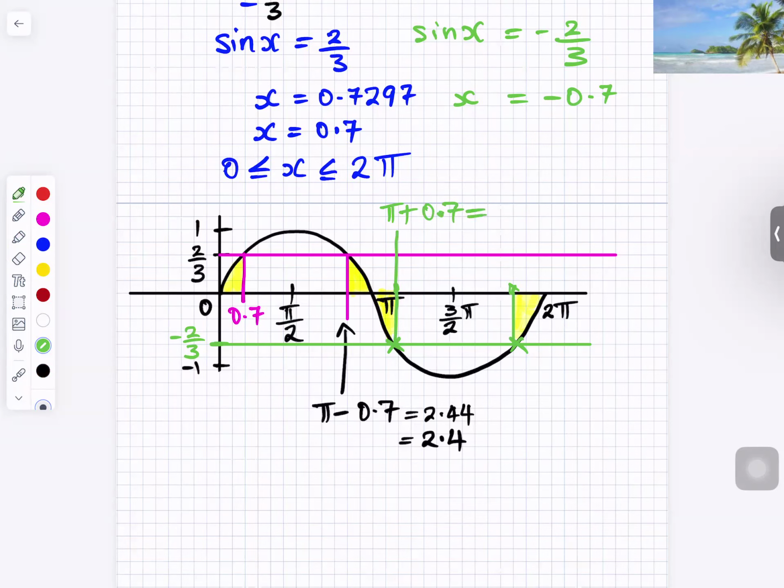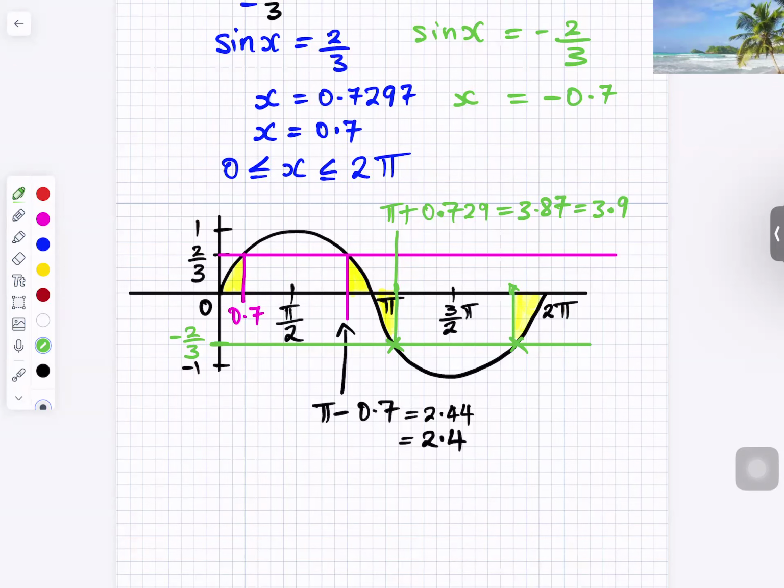Put that in your calculator, what do you get? We can use the whole thing, pi plus 0.7297, instead of rounding up at this stage. What would that give you? That'll be 3.87. So to one decimal place, 3.9. So that's one of the answers.